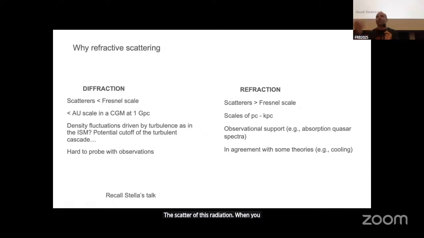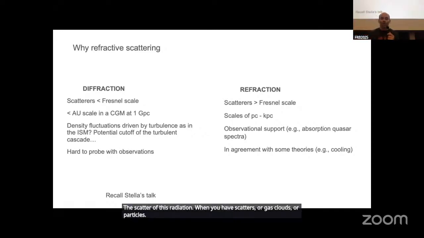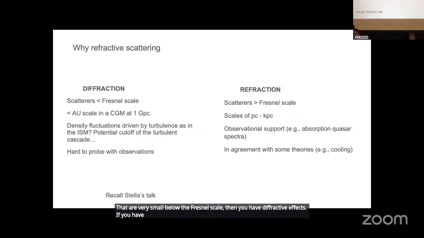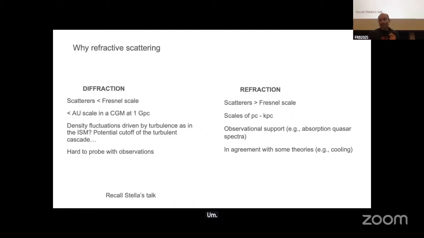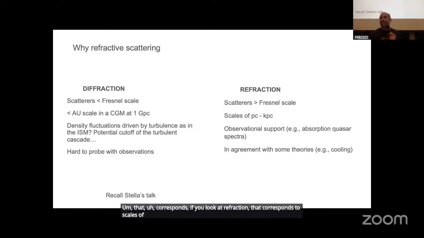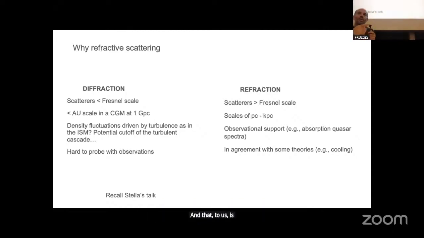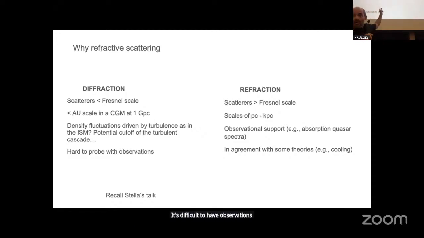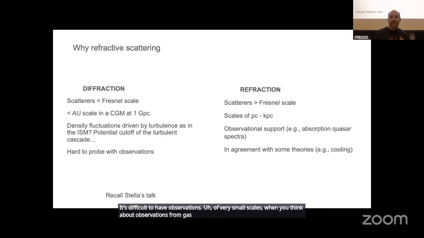When you have scatterers, gas clouds or particles, that are very small, below the Fresnel scale, then you have diffractive effects. If you have clouds that are large, then you observe refractive effects. If you look at refraction, that corresponds to scales of parsecs and kiloparsecs. That's the refractive regime, and to us that is interesting because we can make clear and simple comparisons with observations. It's difficult to have observations of very small scales when you think about observations from gas effects and such.